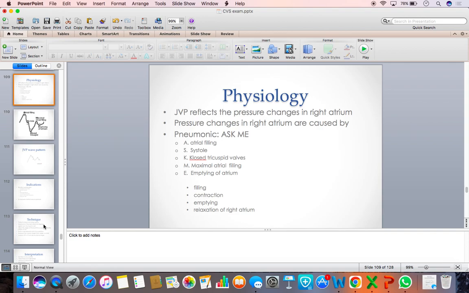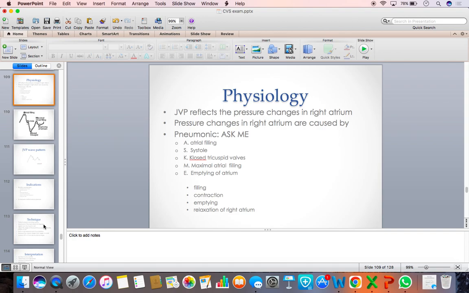Okay, during this phase, there is ventricular systole, that is the early phase of the ventricular systole, which results in the pushing of the tricuspid wall a bit into the right atrium, because early ventricular systole results in closure of the AV valves. So during this phenomenon, the tricuspid valve is pushed a little into the atrium, thereby resulting in this slight rise in the intra-atrial pressure, which results in the C wave.